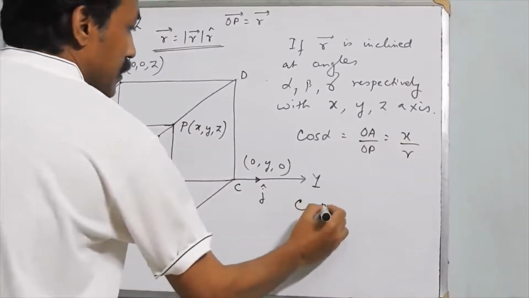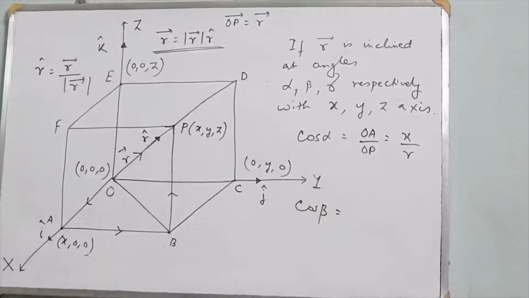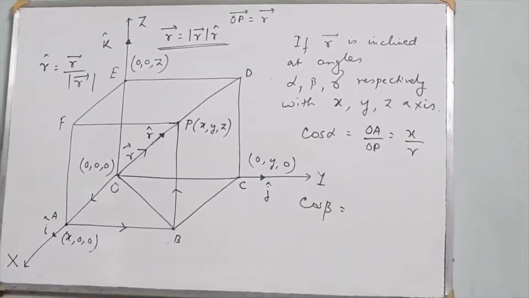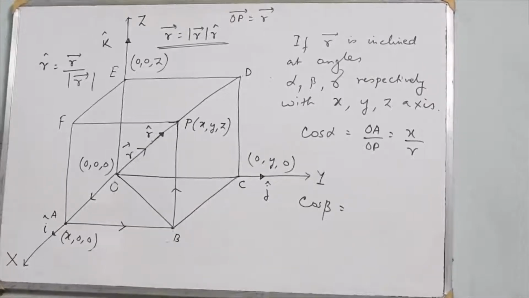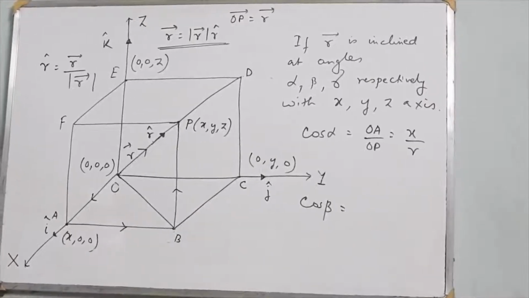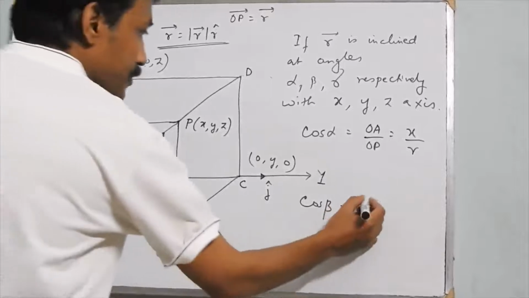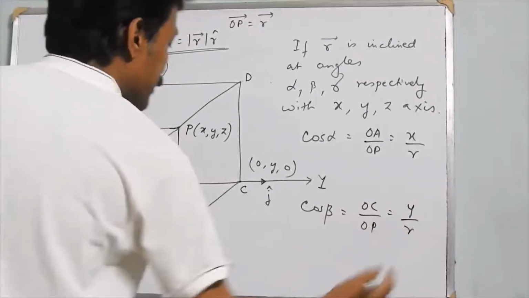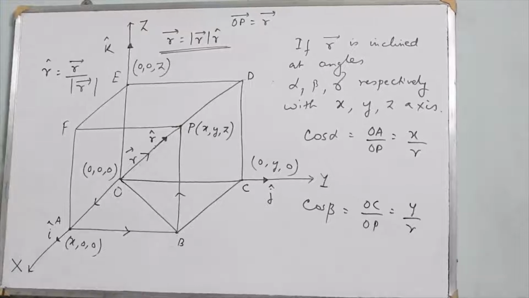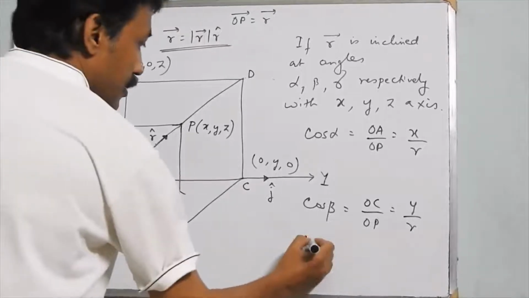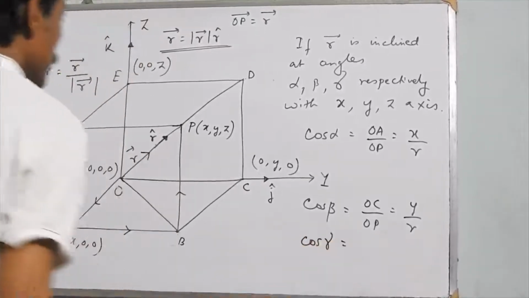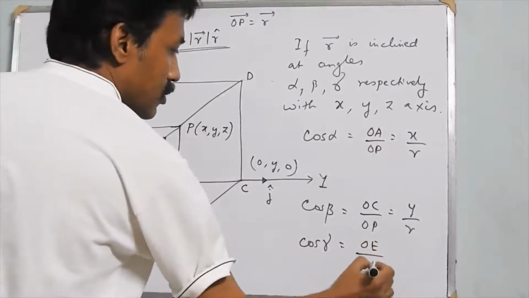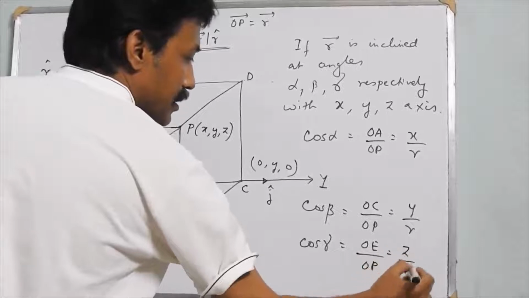Cos beta is OC divided by OP, which is y by r, and cos gamma is OE divided by OP, which is z by r.